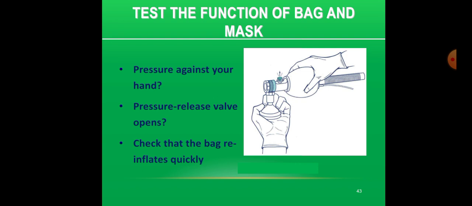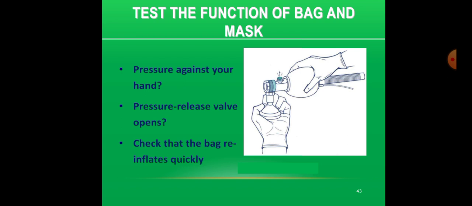Test the function of bag and mask. Pressure against your hand. Pressure release valve opens. Check that the bag inflates quickly. When we test the function of bag and mask, we give pressure against our hand and see if there is any leakage or not.